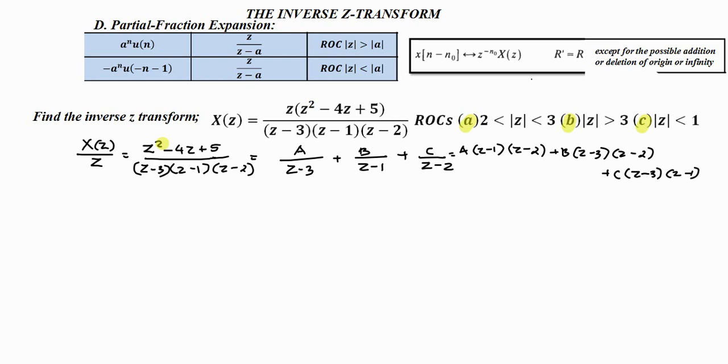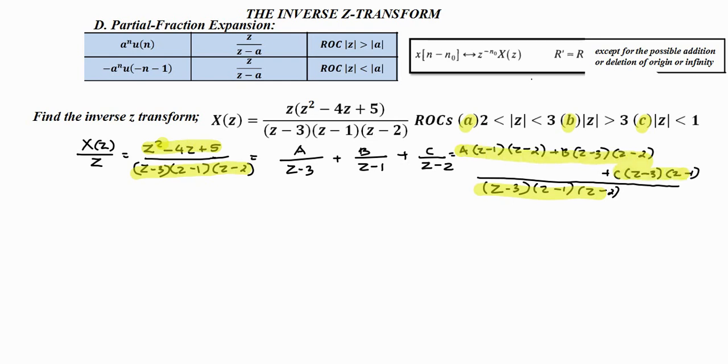Okay, and the denominator becomes z minus 3 into z minus 1 and z minus 2. Okay, from this you can see that the denominator of the first equation and this equation are the same, so I can equate the numerator part. I can equate the numerator of the first equation and the last equation.